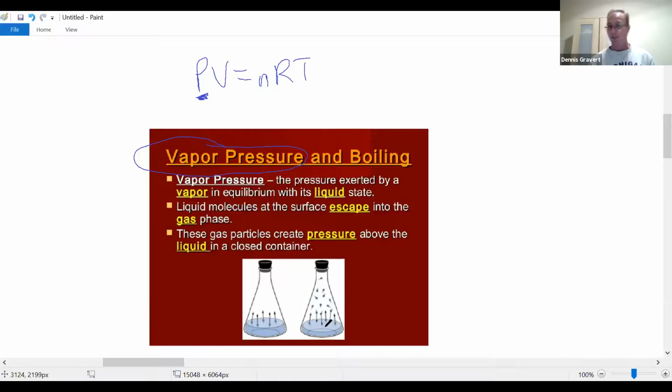And sometimes some of the molecules in the liquid would collide with enough force to kick them out of the liquid state and back into the gas state. And there's an equilibrium that's reached, where at some point, the number of liquid molecules changing to a gas equals the number of gas molecules changing back to a liquid. And then the vapor pressure, or the amount of gas caused by evaporation, will remain constant. It'll be at equilibrium.